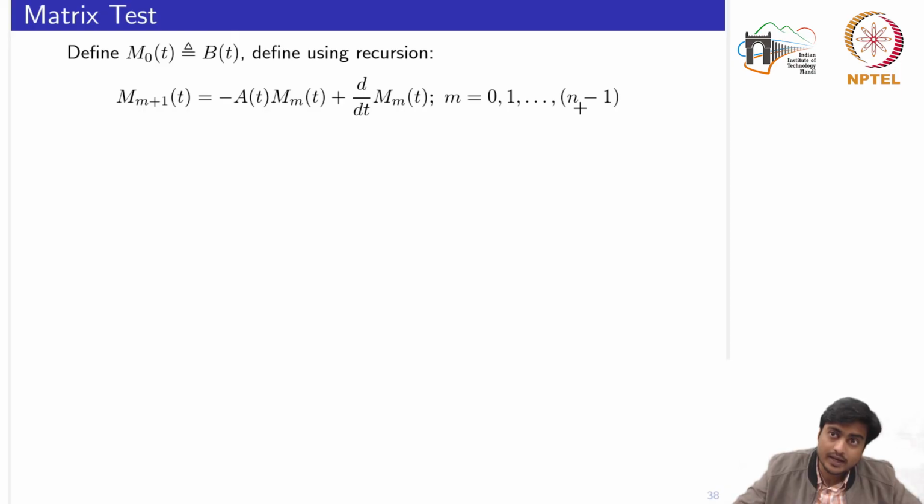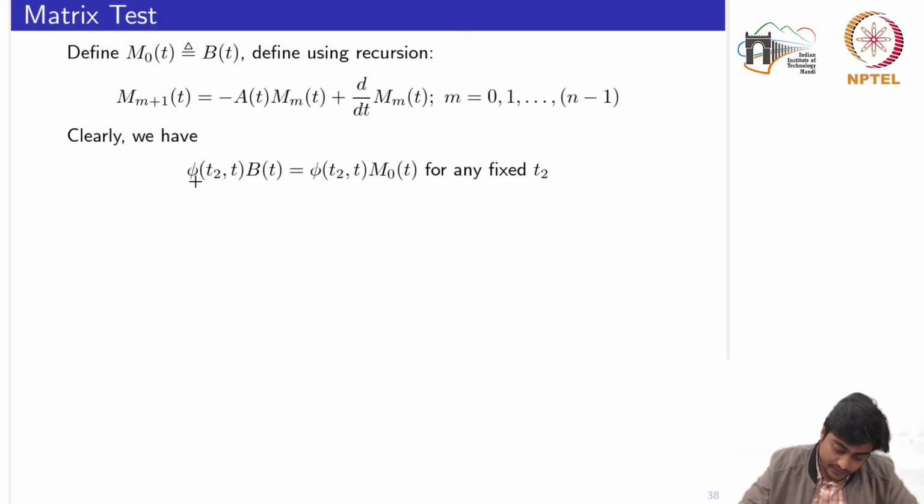So we compute n matrices basically starting from 0 to n minus 1, using the equation M k plus 1 equals minus A into M k plus the derivative of M k. Using these two equations, we are going to state the result which does not require the computation of the state transition matrix.